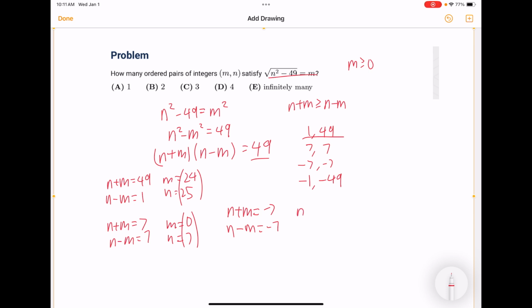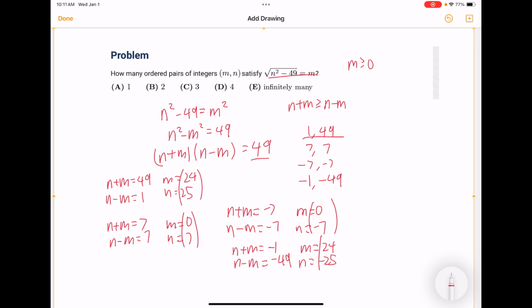We get m is equal to 0, n is equal to negative 7. And then looking at the last one, we get m is equal to 24, n is equal to negative 25.